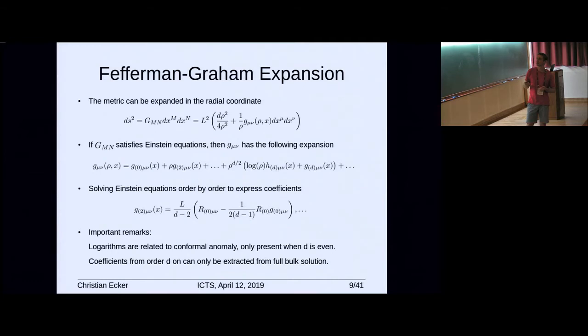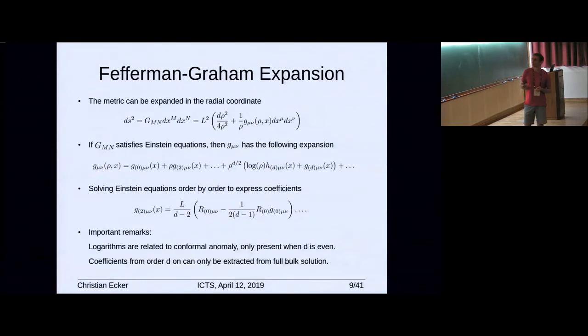For instance, for this second matrix of coefficients, you find this expression, which is entirely in terms of the boundary metric, that is the leading part. Here are some important remarks. These logarithmic parts that you encounter in this boundary expansion are related to the conformal anomaly that you get when your boundary space-time is curved, and is only present when you have an even-dimensional boundary theory.